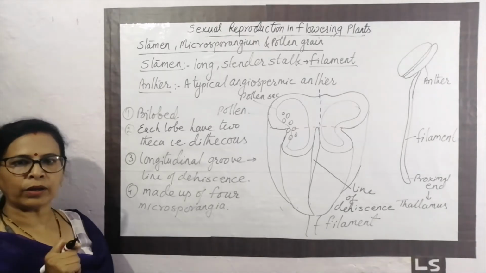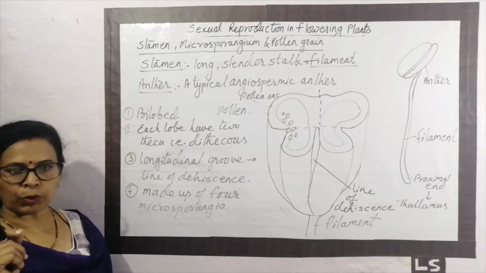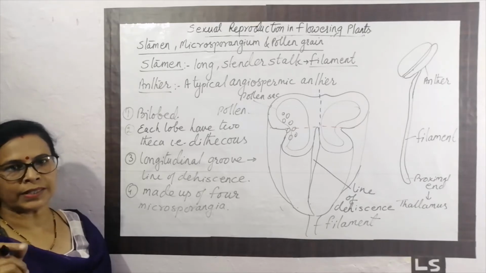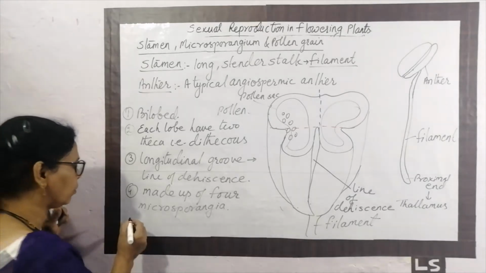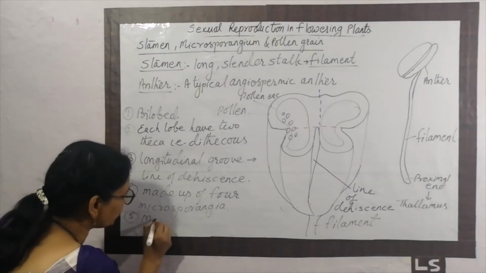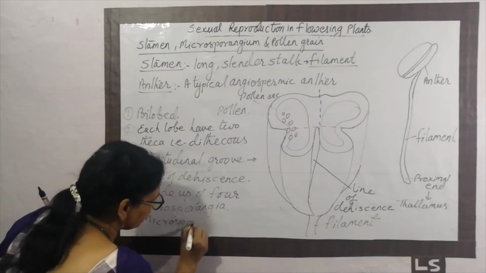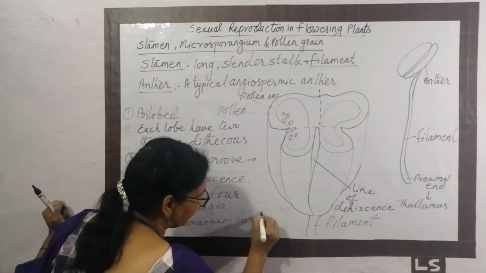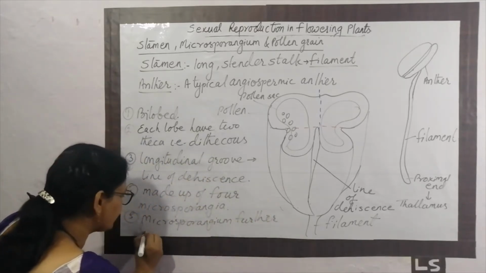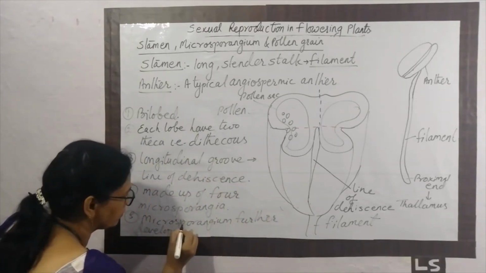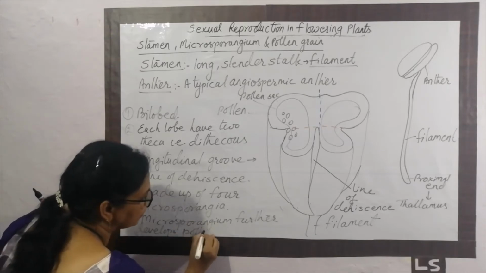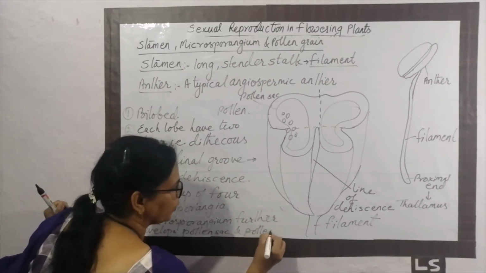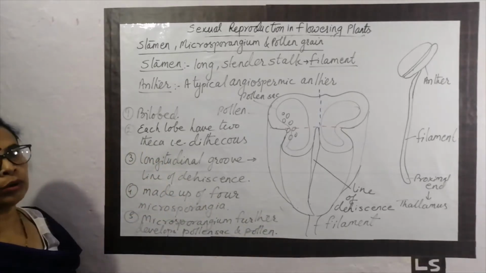What is the importance of the microsporangium? The microsporangium further develops into the pollen sac, the pocket, and then the pollen grain. So that is the importance of the microsporangium.